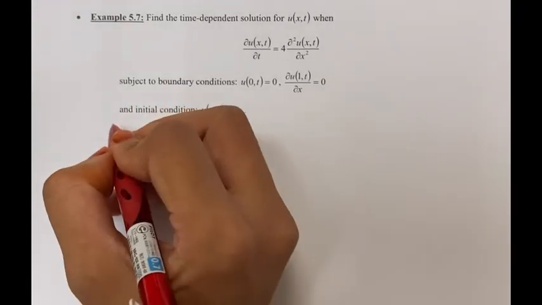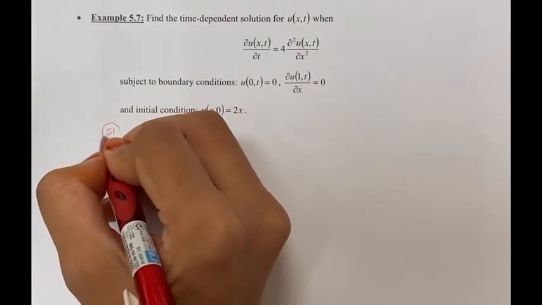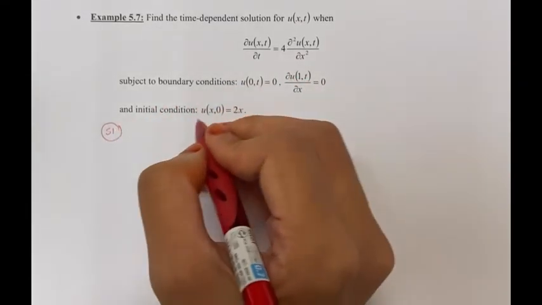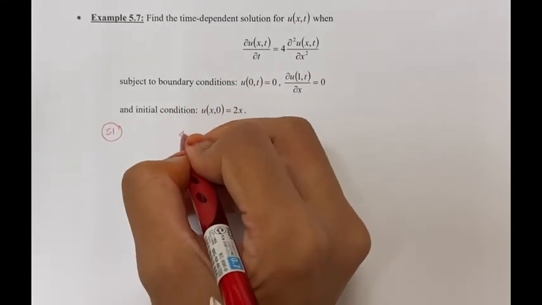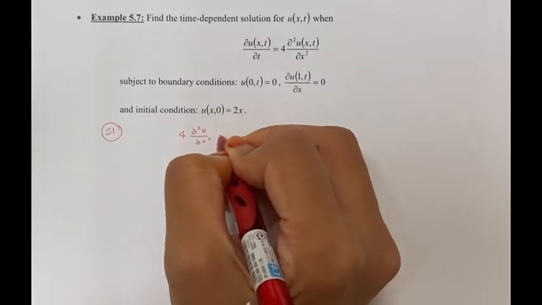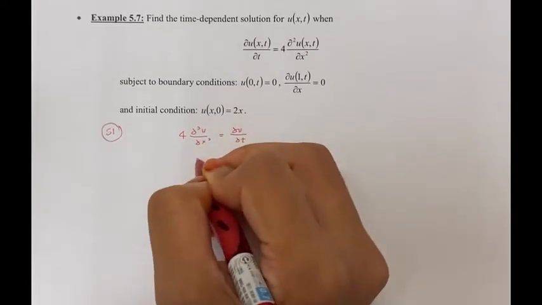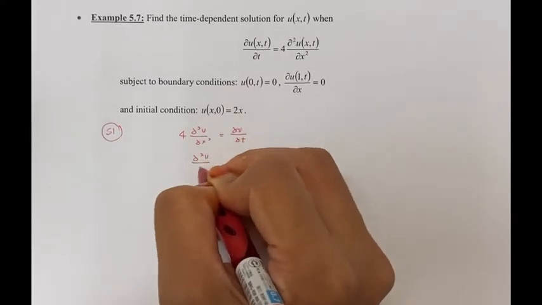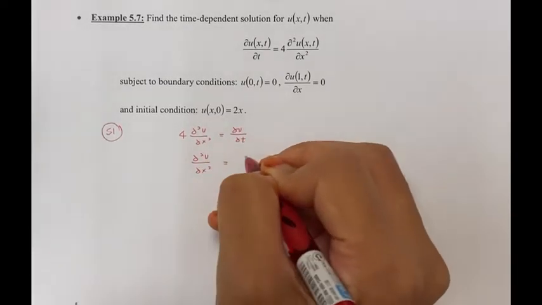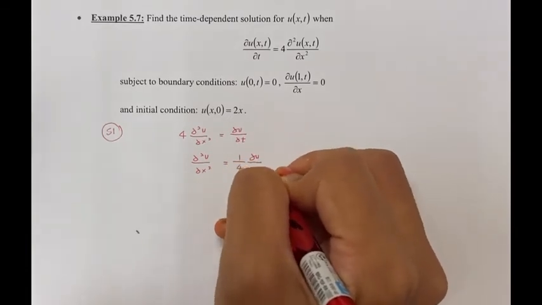So let's start with the first step. You have 4 del square u over del x square equal to del u over del t. Then del square u over del x square equals 1 over 4 del u over del t.